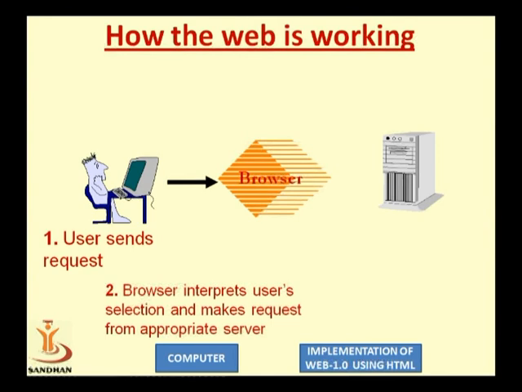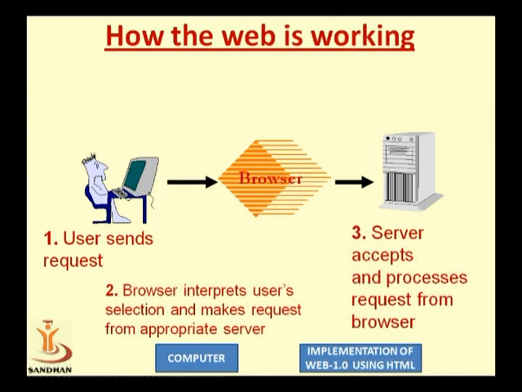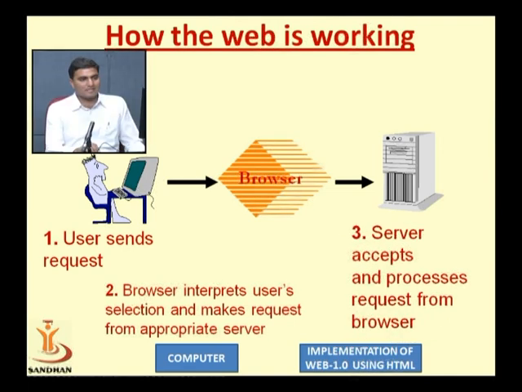So users cannot communicate directly with the servers. The browser is required to interpret the request coming from the users, right? Now the browser sends the request to a particular web server. After this, the server accepts that request and processes it.